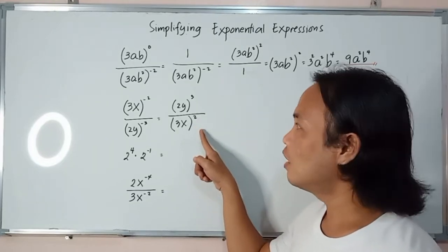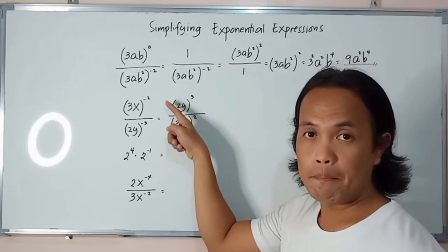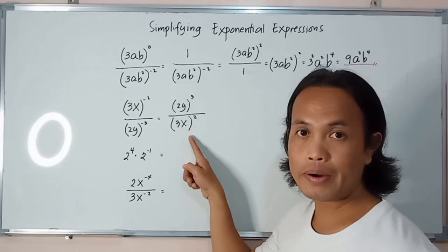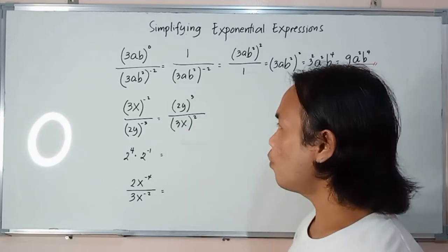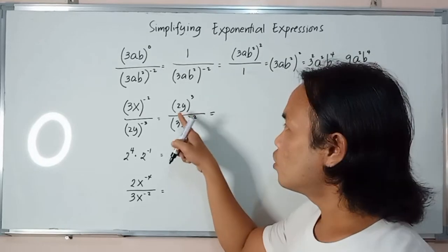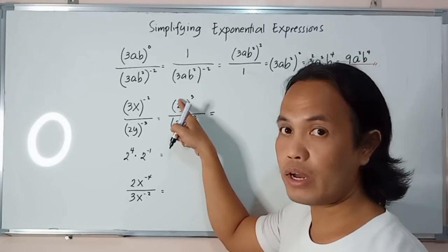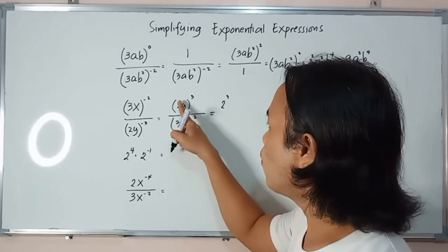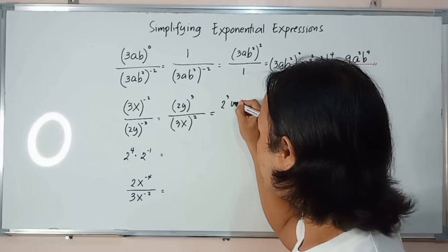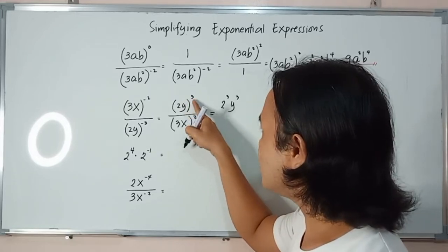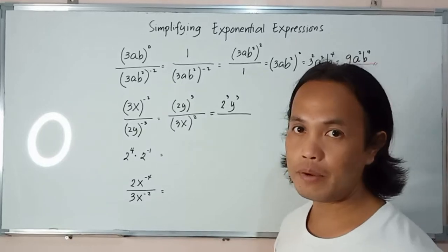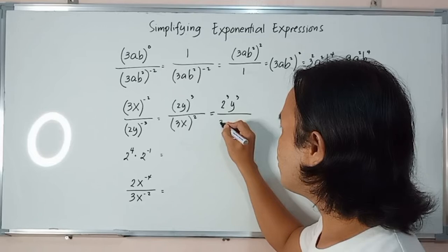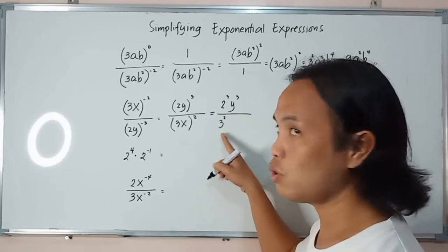Then afterwards, we apply the law on power of a product in the numerator and the same law, power of a product in the denominator. So we multiply the exponents. 2 has an assumed exponent 1, the same also with y. So we can write 2 cubed, that's 1 times 3. Then we have the y cubed, that's 1 times 3. For the denominator, the same. We have 3 assumed exponent 1 and x assumed exponent 1. So we have 3 squared.